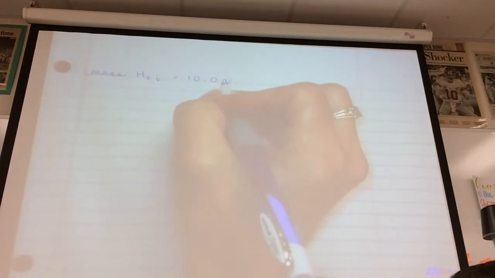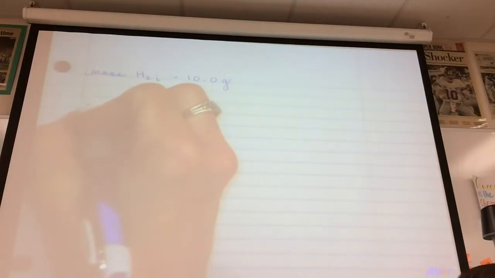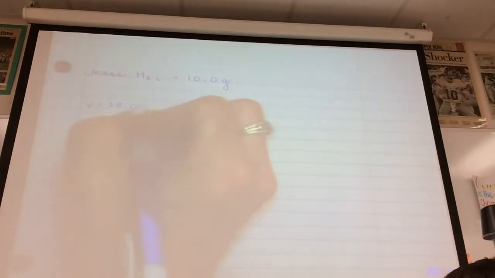If we're talking about equilibrium, is anything about a solid relevant in a Kc expression? No, so I don't really care about the solid. All right, we know that the mass of hydrogen gas initially is 10 grams. We know the volume of the container is 25 liters.